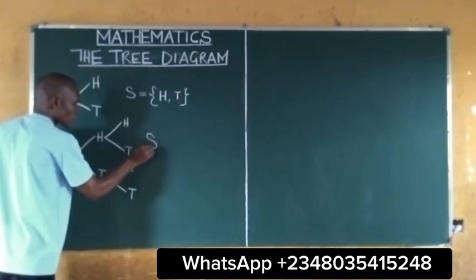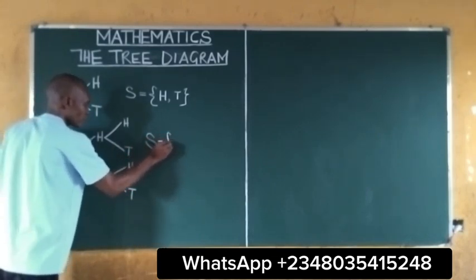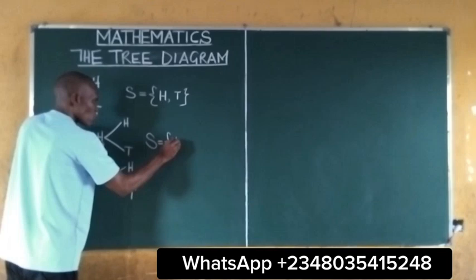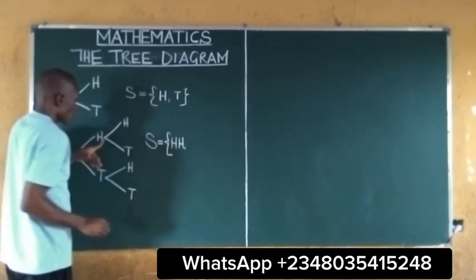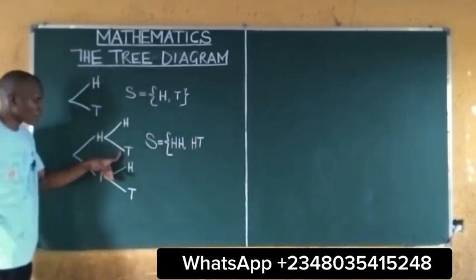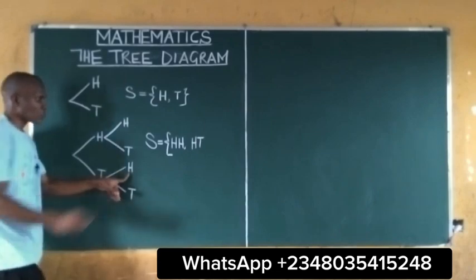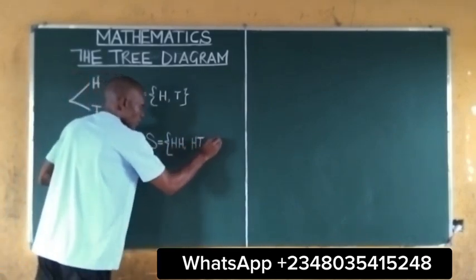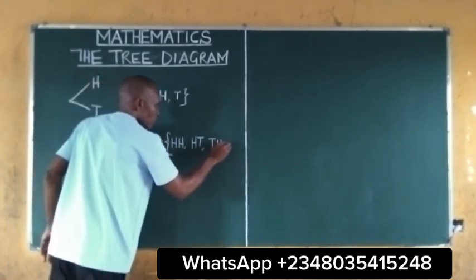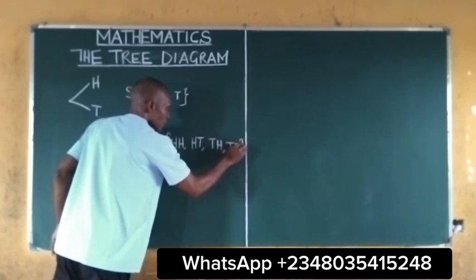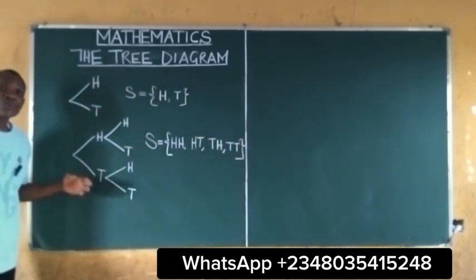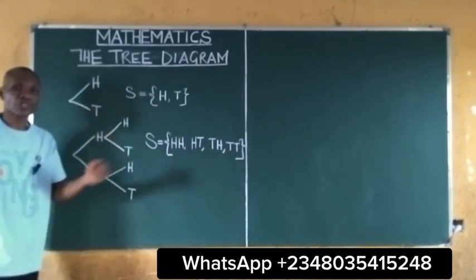So the sample space, if you toss two coins, will now be either head-head will show up, or head-tail, or tail-head, or tail-tail. So these are the possible outcomes you can get if you toss two coins.